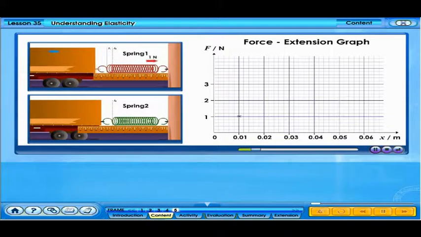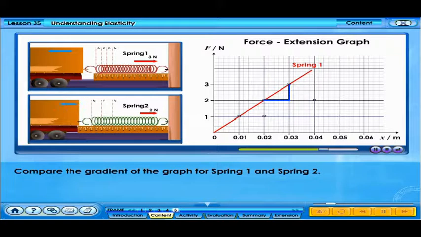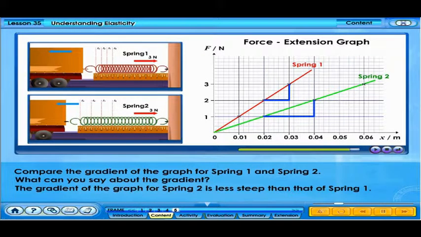The picture shows a force extension graph for the second spring. Compare the gradient of the graph for spring 1 and spring 2. What can you say about the gradient? The gradient of the graph for spring 2 is less steep than that of spring 1.